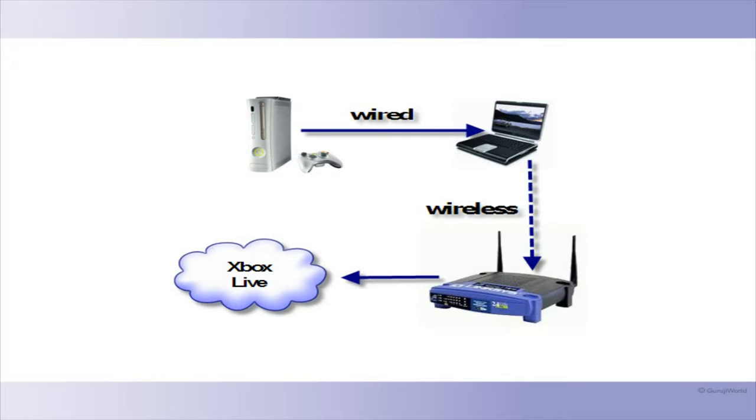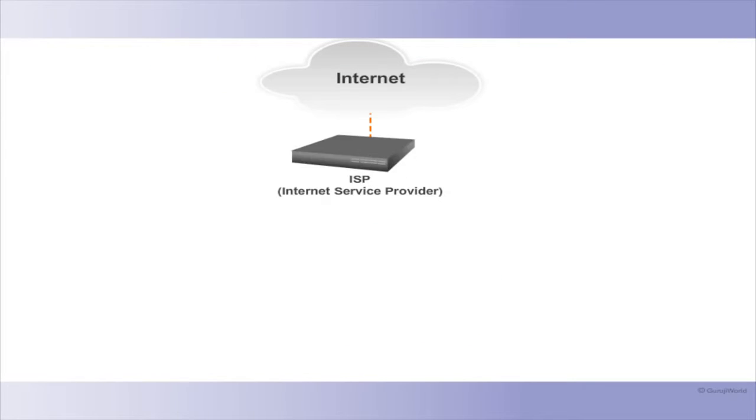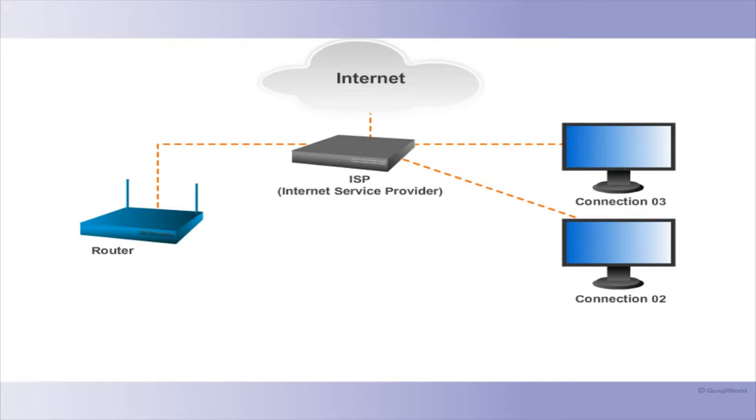You can physically connect the computer to a router by using an Ethernet or LAN cable. A router is a device which is used to connect your computer to the Internet or ISP, that is, the Internet Service Provider. These routers are normally supplied by the ISP in your area.